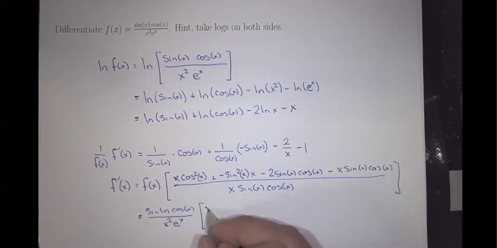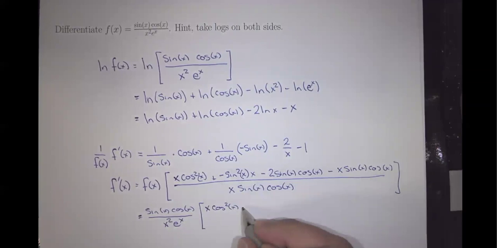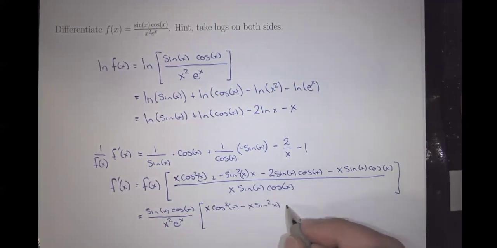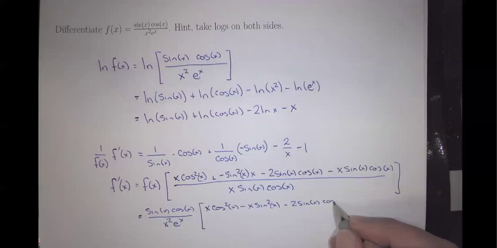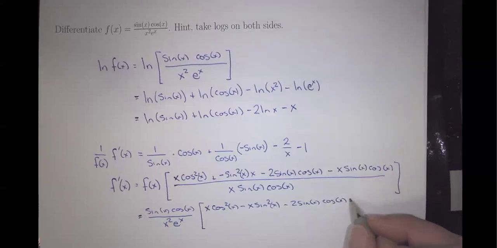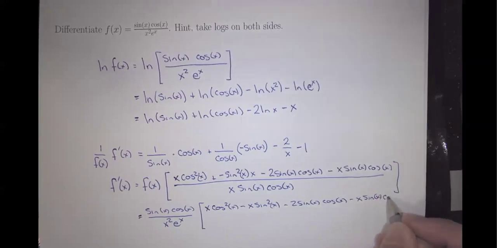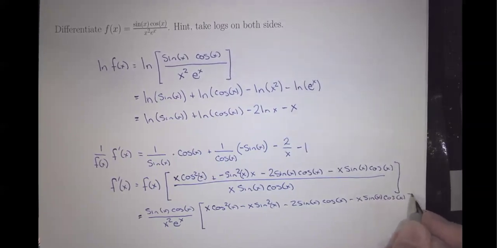So we've got an x cosine squared x minus x sine squared x minus 2 sine of x cosine of x minus x sine x cosine x.